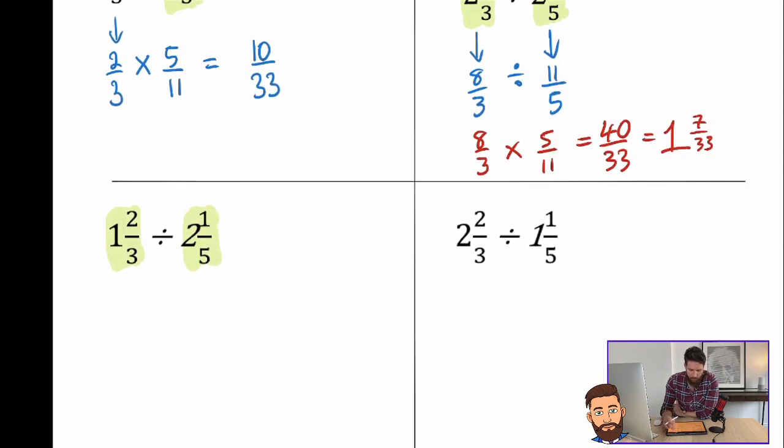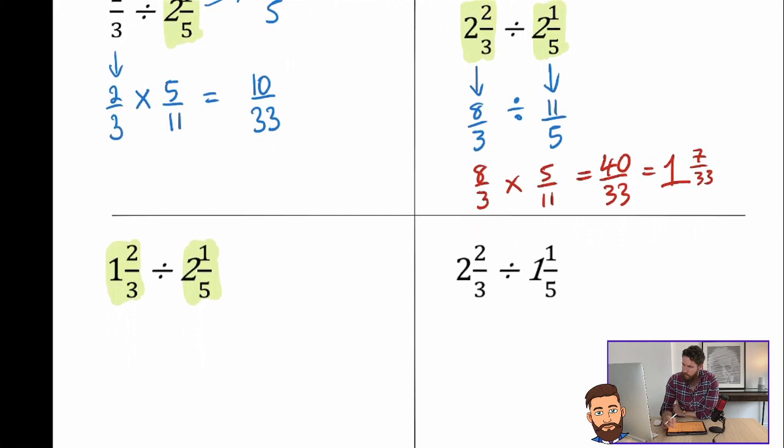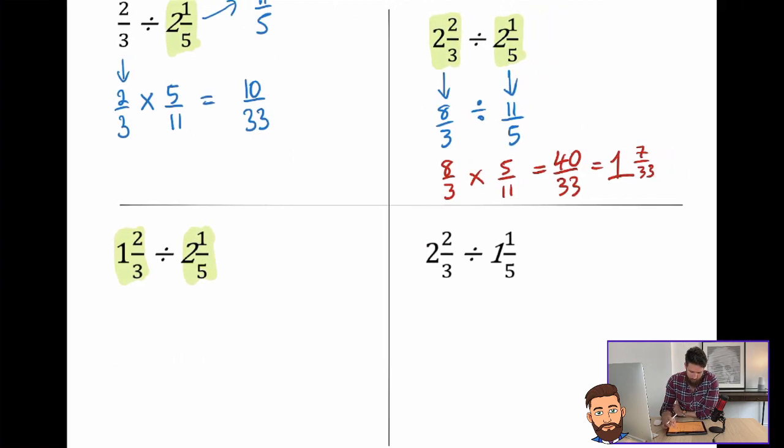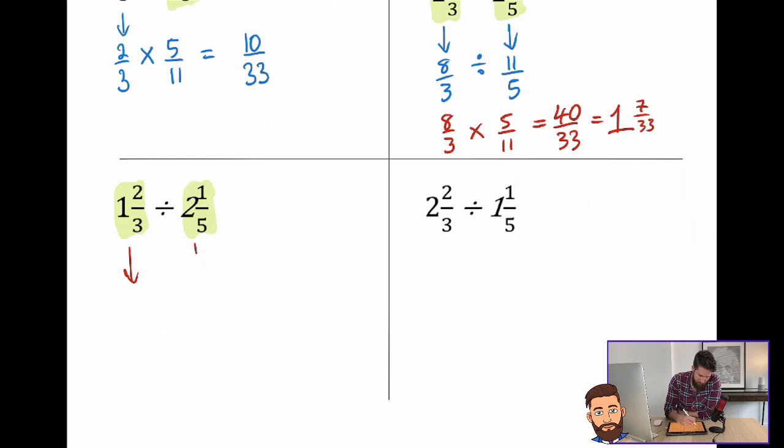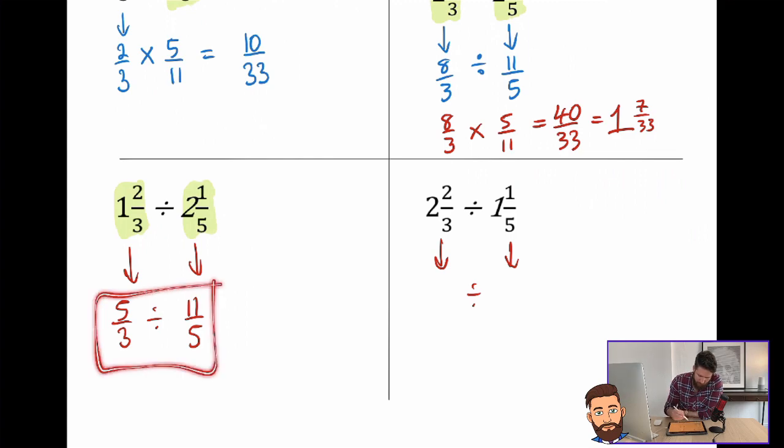And you can repeat those same methods for both of these. So changing those will give you 5 over 3 divided by 11 over 5, and then you need to do the KCF on that, and this one would be 8/3 and 6/5.